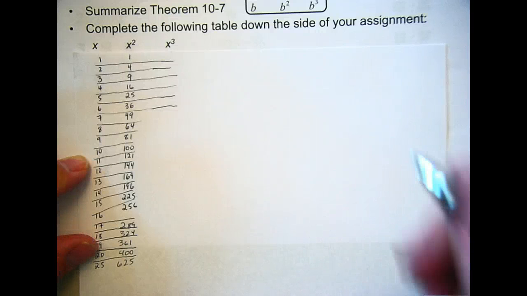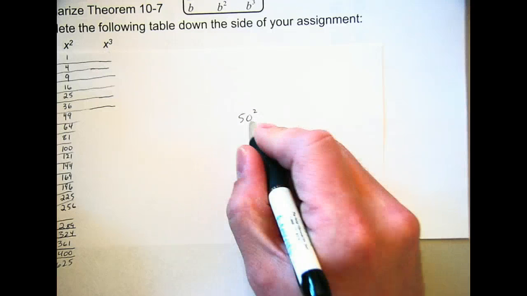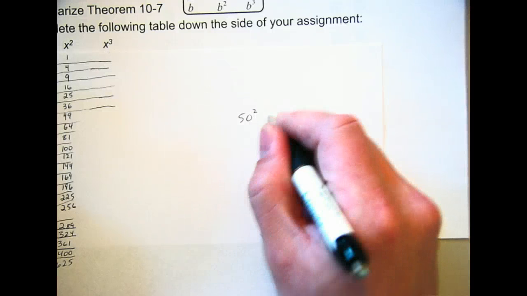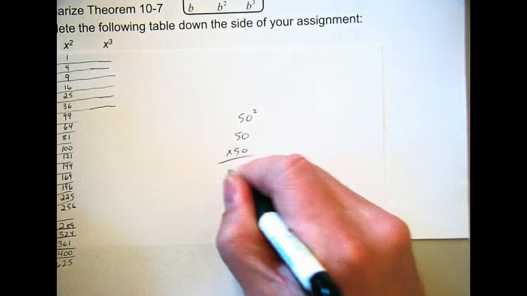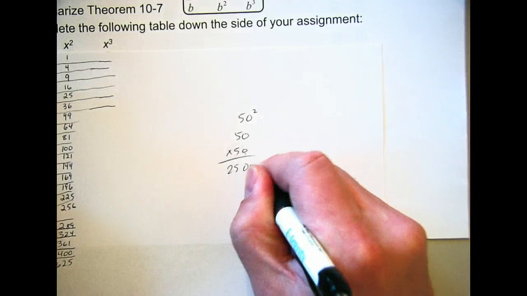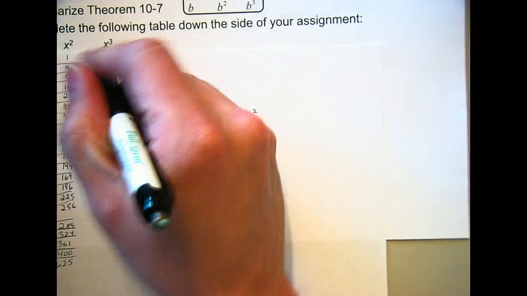When you're doing 50 squared, that's 50 times 50. 5 times 5 is 25, and you add your 2 zeros on. 2500.